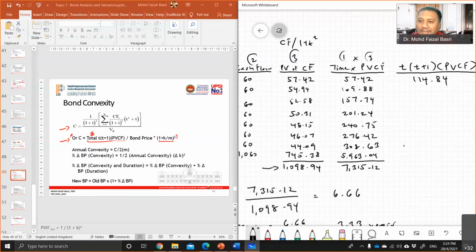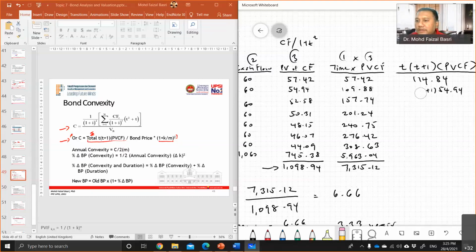For the second one, it will look something like this. It's 2 because it's row number 2, times 2 plus 1, times 54.94. Earlier it was 1 times 2, so now it's 2 times 3, times 54.94.